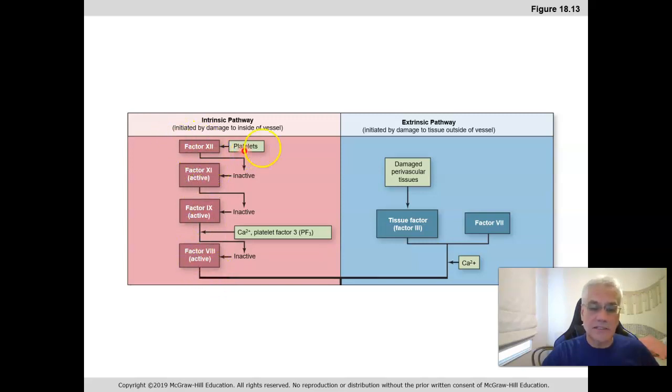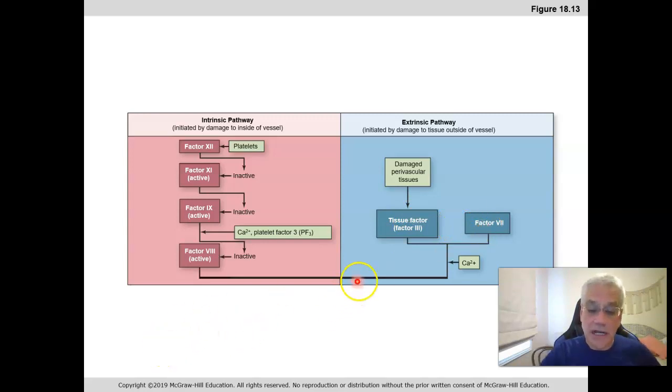I would like you to know what the initiation is, what the first thing in the steps toward this endpoint are. So Hageman factor, factor 12 over here, tissue factor, TF, factor 3, tissue thromboplastin, goes by all those names, combines with factor 7.